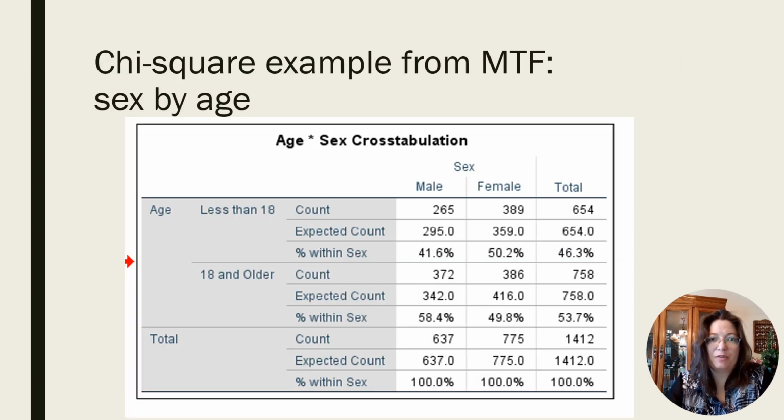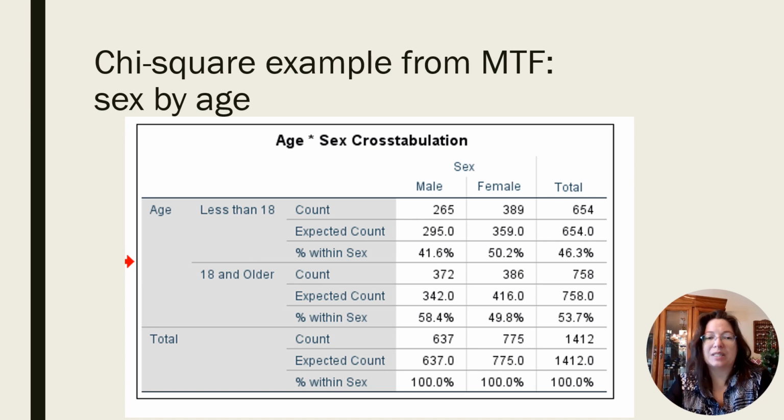Using our Monitoring the Future data, I just ran a quick 2x2 cross-tabulation table on the gender variable and our age variable. So you can see here the columns are sex. We've got our male students and our female students, and our age variable, less than 18 with 18 and over.